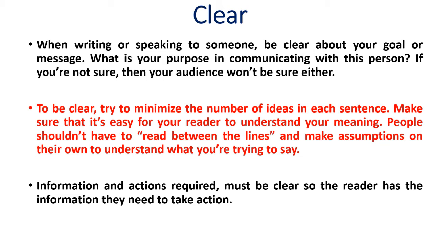To be clear, try to minimize the number of ideas in each sentence. Make sure that it's easy for your reader to understand your meaning. People shouldn't have to read between the lines and make assumptions on their own to understand what you are trying to say. Information and action required must be clear so the reader has the information they need to take action.